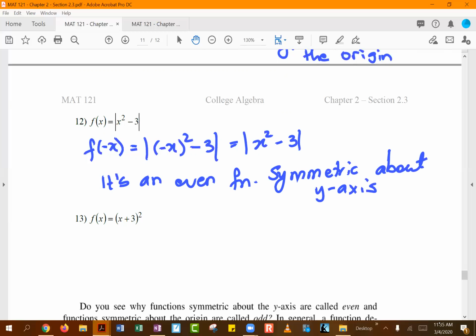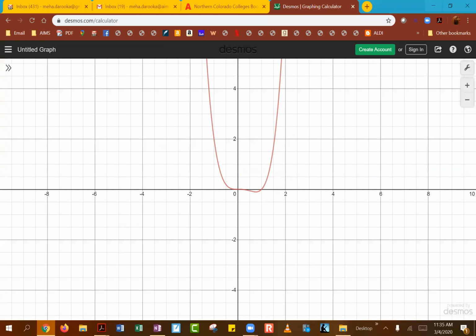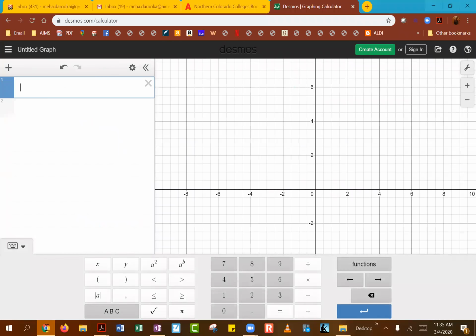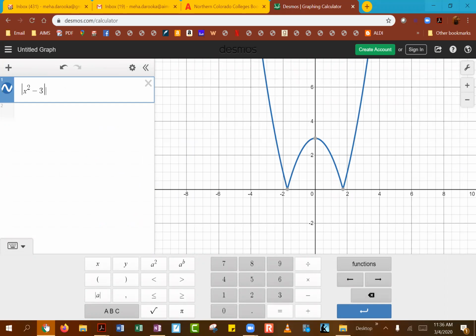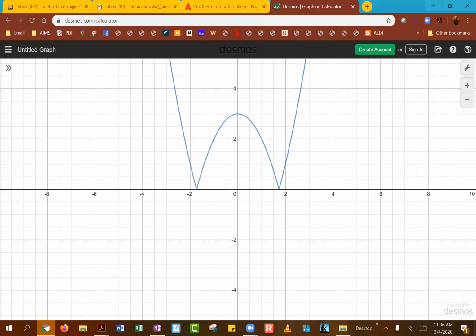And this is an absolute value function. You can see those little symbols. If you look at the graph for this guy, the absolute value of x squared minus 3, it'd be symmetrical across the y-axis. Yes, and this is what your graph ends up looking like.